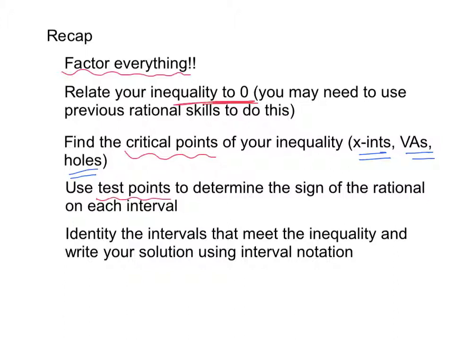So if you're looking for less than, you pick the negative. If you're looking for greater than, you pick the positive. And you write your solution using interval notation. And that's it. That's all there is to solving rational inequalities. It's basically a culmination of everything you've done before this, from simplifying rationals to graphing rationals and then applying them together.